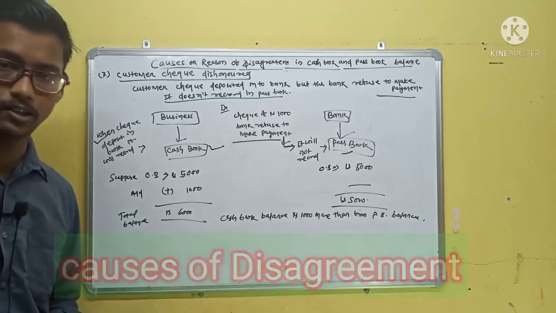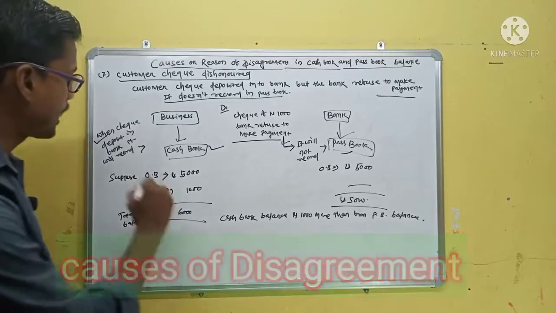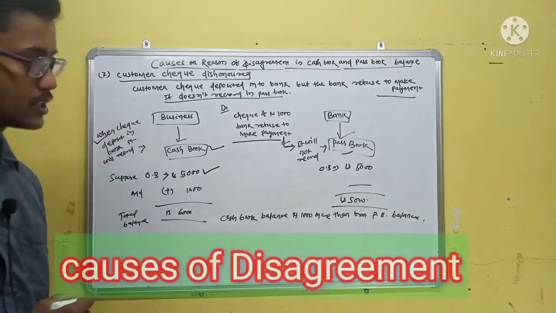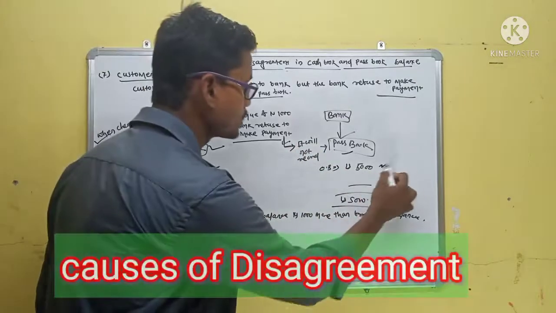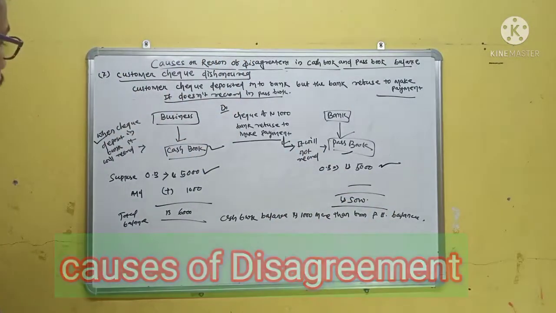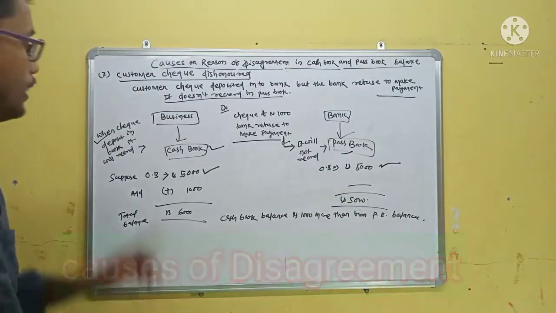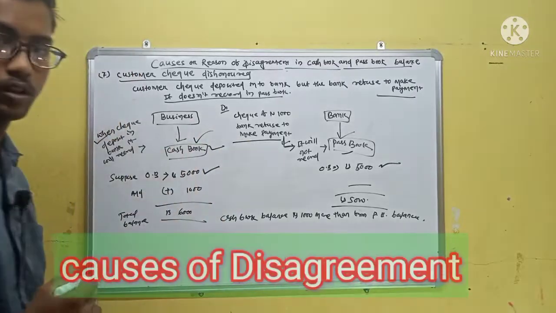refused to make payment. Suppose the opening balance of a cash book is rupees 5000 and the opening balance of a passbook is rupees 5000. When the check is deposited into the bank, it will be recorded in the cash book.